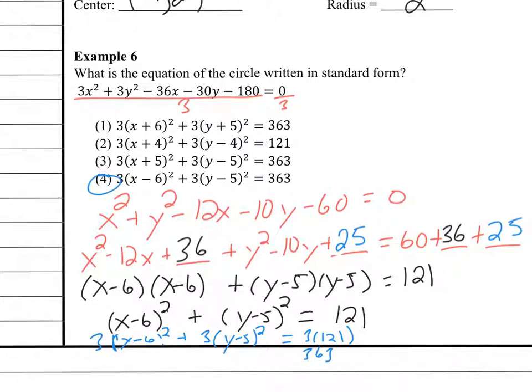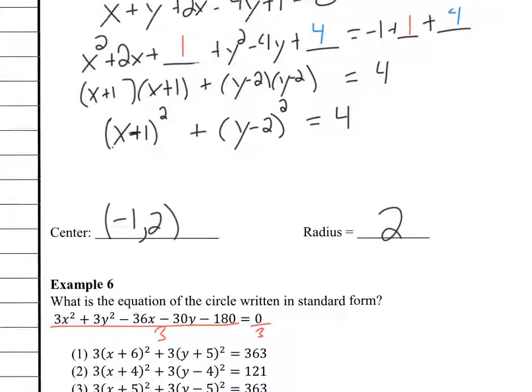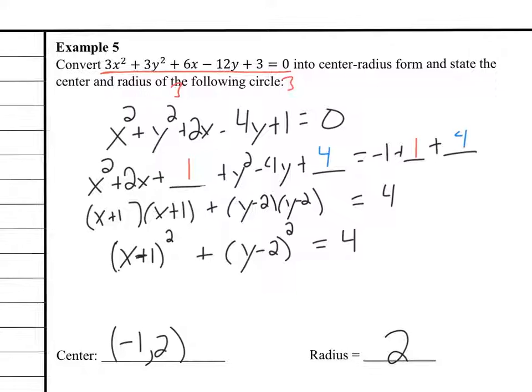All right, I want to jump back up real quick to the problem above. Again, this question right here, if I wanted the true center radius form of the circle, I'd have to have that multiplied by 3 back in, so I would have 3 times (x plus 1) squared plus 3 times (y minus 2) squared equals 12.